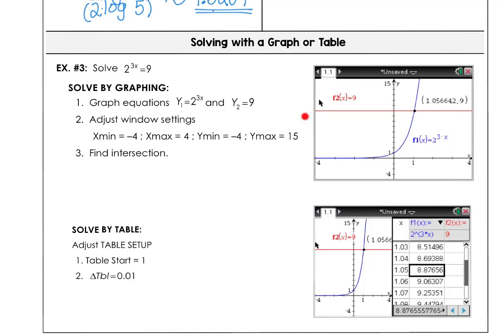And next I found the intersection using that intersection feature, and I found out that the graphs intersect when x is about 1.06, roughly. And you can solve using a table.